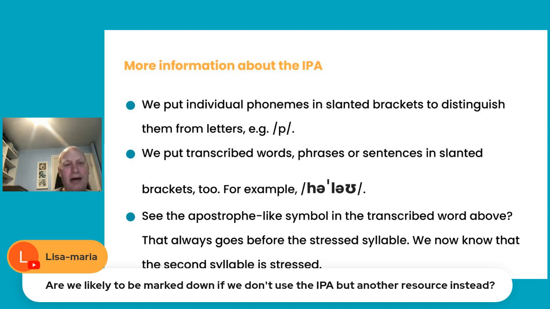Speaking as a marker, I would say you probably wouldn't be marked down. I think it would be better for you to use the IPA, but you probably won't be marked down for it unless you get an absolute terror of a marker. And we're not like that. We're not trained to be going after the weakest points.